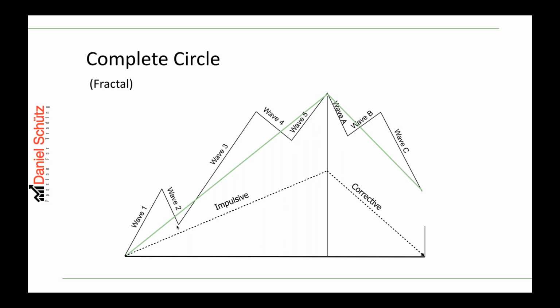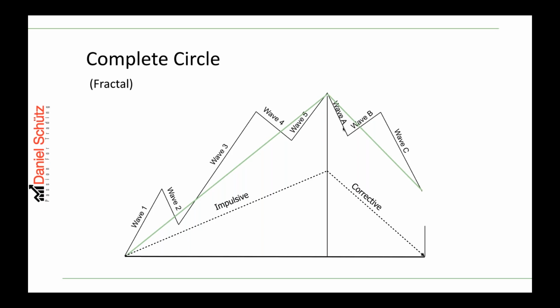Then you can see the wave up. That's an impulse wave, wave 1. Wave 2, that's a corrective wave. Wave 3, that's an impulse wave again. Wave 4 is a correction wave, and then wave 5. That's the impulse.